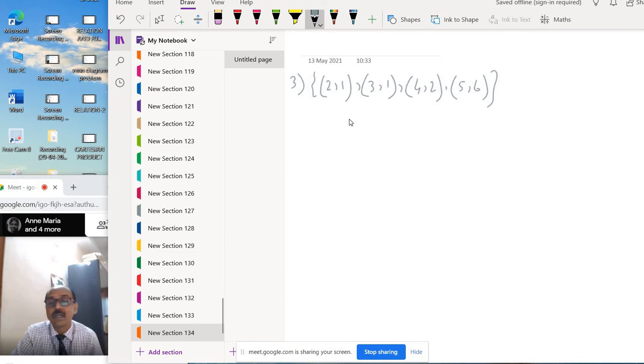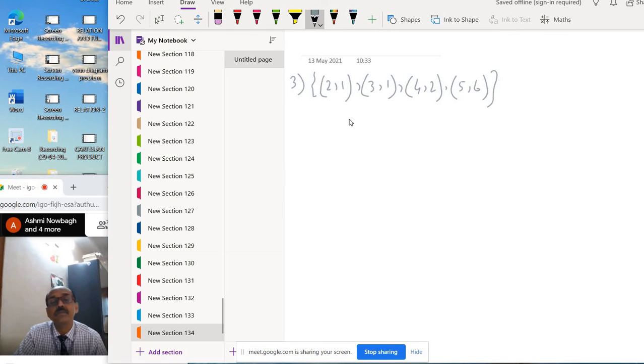Now the question is, is this relation a function or not? Any idea? Have you already done this type of question? Why is it not a function?